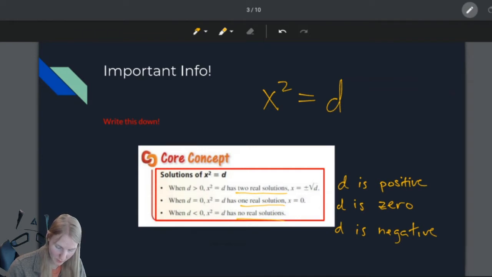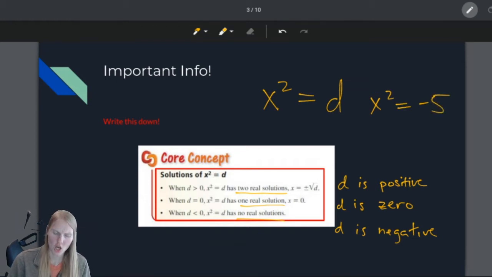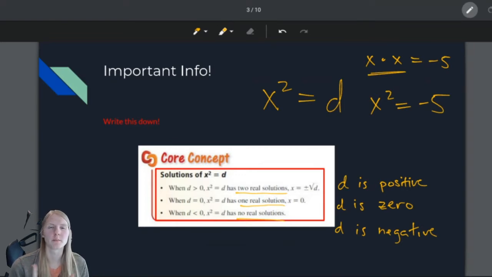And that's because if d were a negative number, say we had x squared equals -5, that means x times x is equal to -5. What could x possibly be? What number multiplied by itself gives us -5?